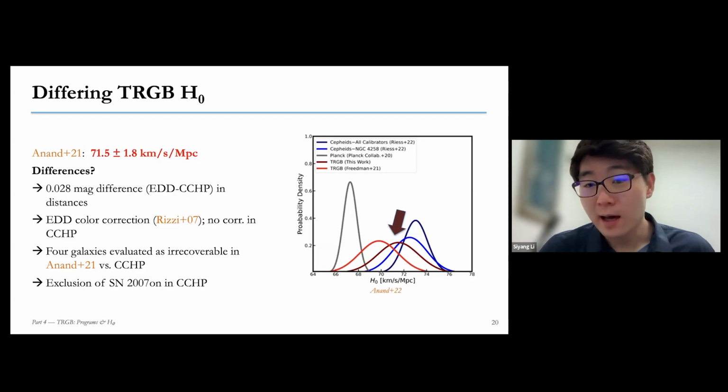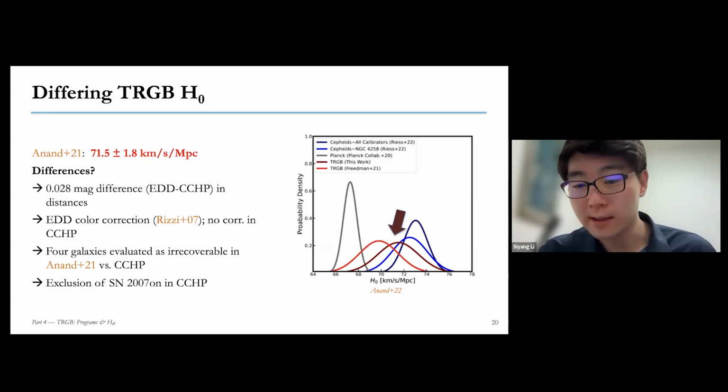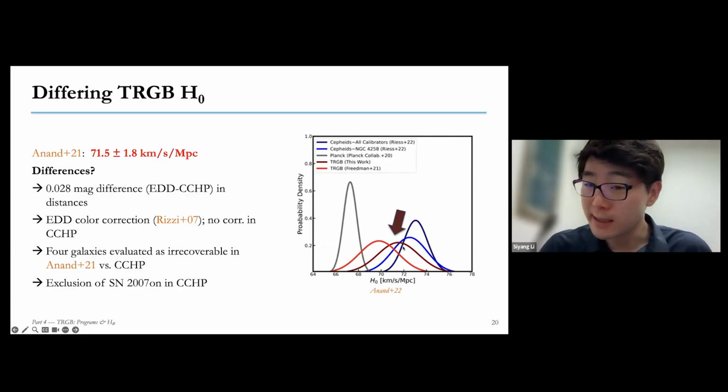On the right here is a plot from that same paper where they're showing a comparison between their results, shown here in brown, which is a little higher than what the CCHP team found and is a little more consistent with the Cepheid-based H naught.